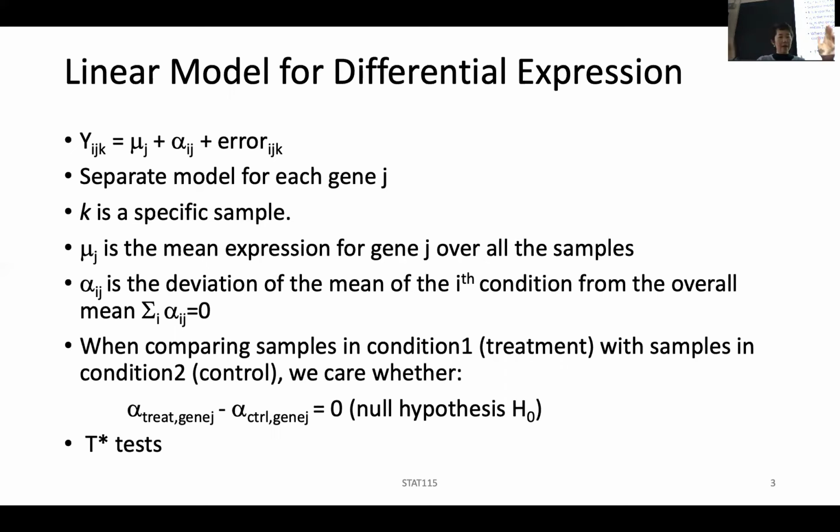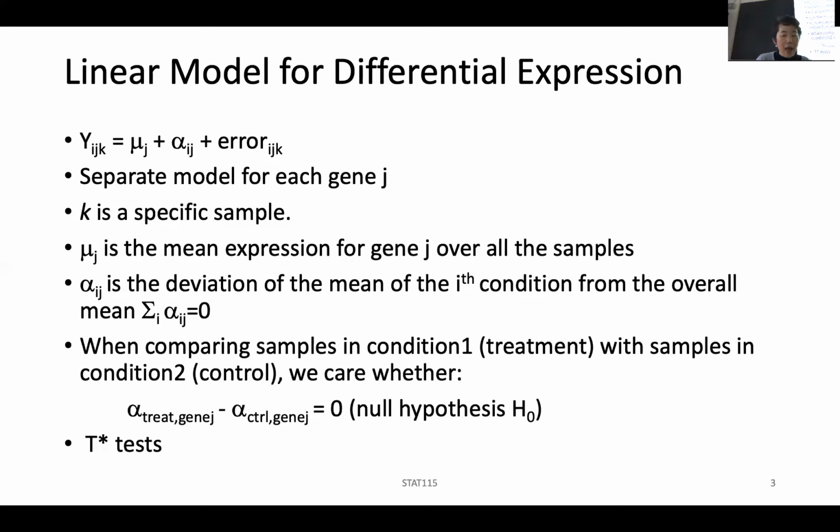You can imagine after you get the expression level quantification, you take the log, you get a matrix. The rows are usually the different genes, and the columns are the different samples. You can look at each gene and calculate the mean of this gene over all the samples. That's roughly how much this gene is expressed. And alpha is the deviation of the mean from this. This is a particular condition.